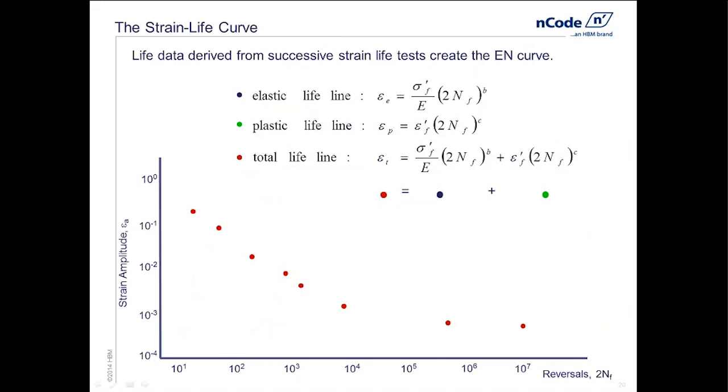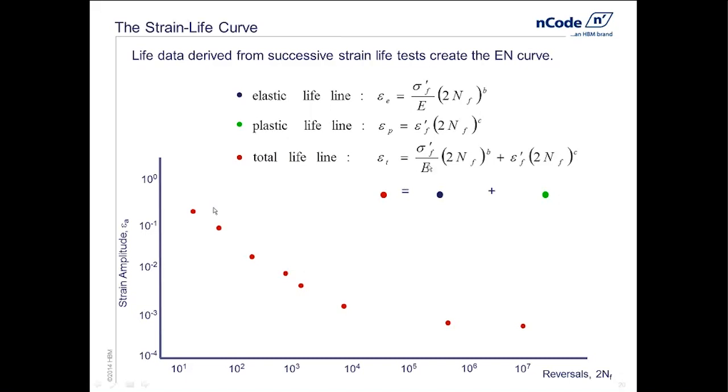And if we look at the equations up here, the equation for the strain life curve is this bottom equation, and it's comprised, the first component here is actually the elastic portion of the strain. So this is looking at elastic strains, and it generates what would be a high cycle behavior. The second term here is looking at the plastic strains, and it's basically driving the low cycle behavior.